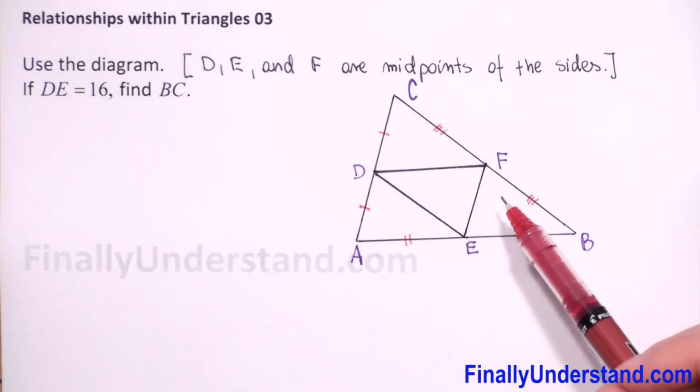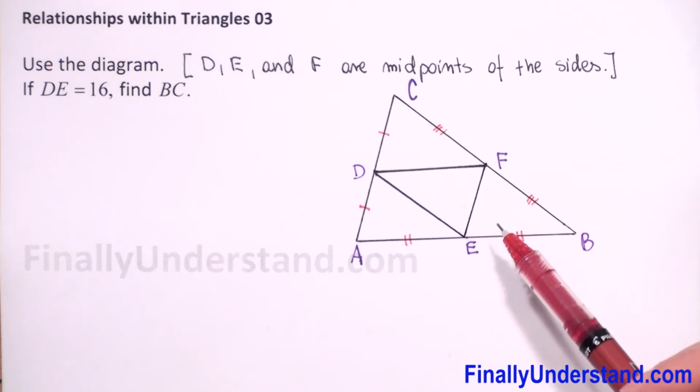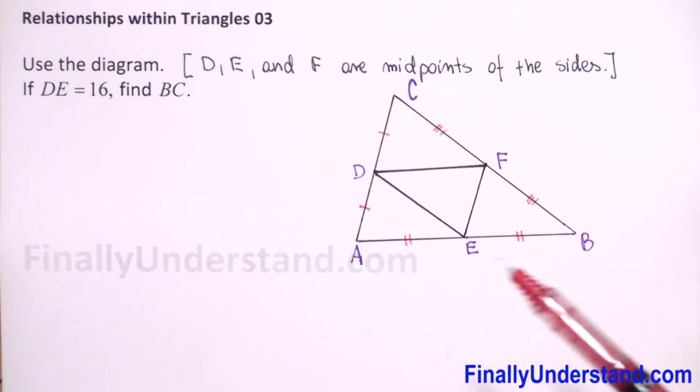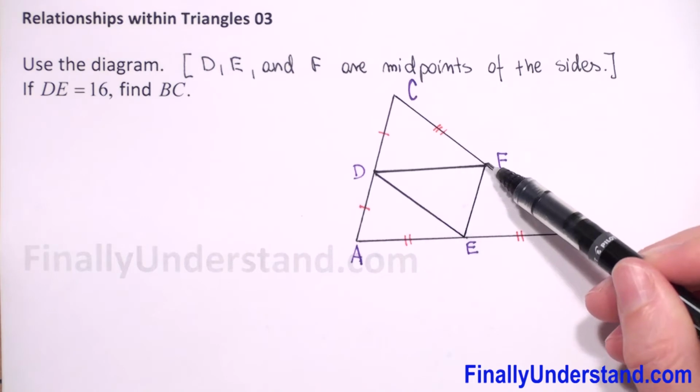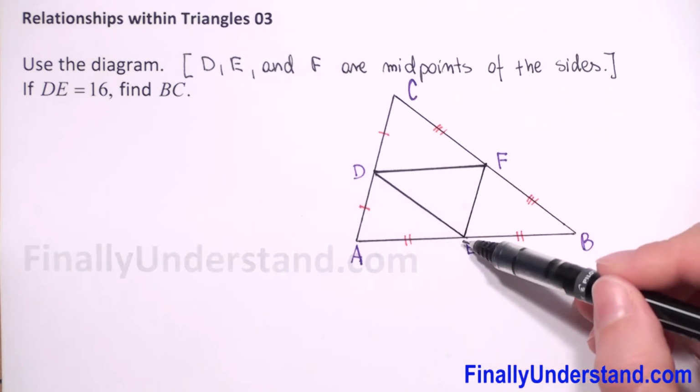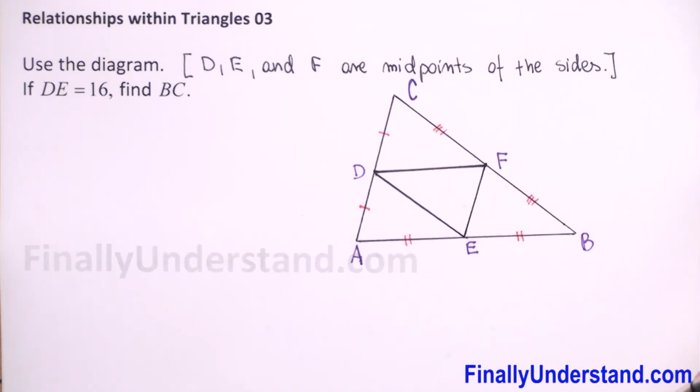Because D, E, F are the midpoints of the sides, we can use the Midsegment Theorem, which tells us that the segment connecting the midpoints of two sides of a triangle is parallel to the third side.